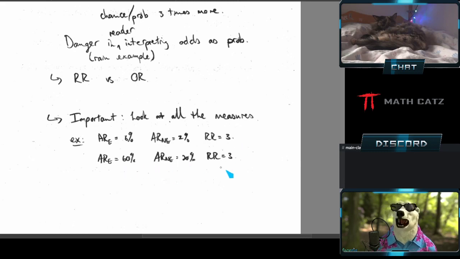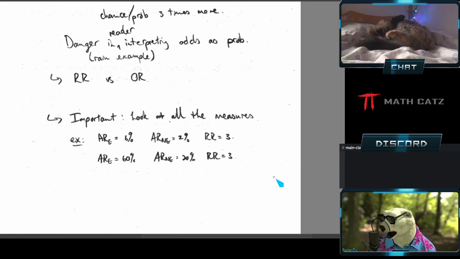Versus 60 to 20, that's a much bigger deal. That's a very big reduction of 40%, right? In terms of the difference between the two. So I should always look at these measures in a big picture way and not just see one and sort of jump to conclusions potentially.